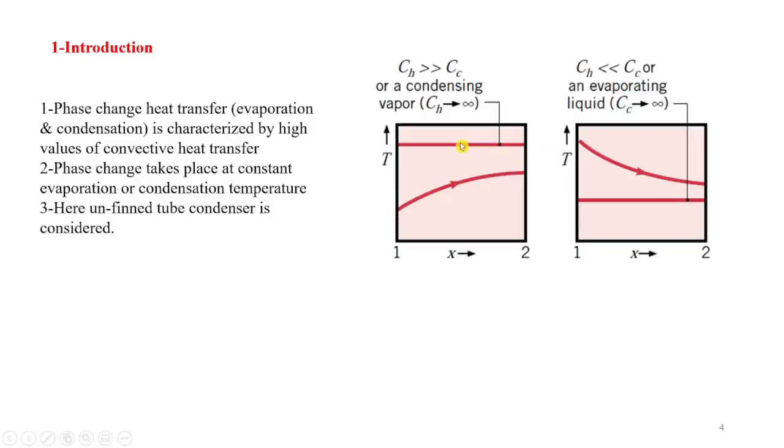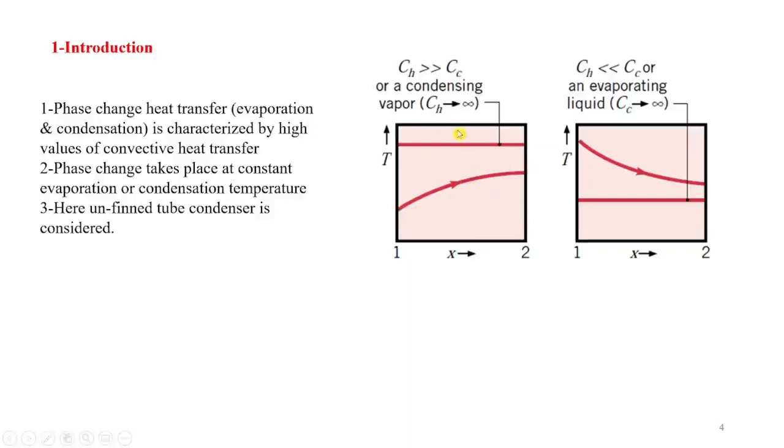Since the condensation takes place at a constant temperature and the specific heat is defined as partial H by partial T at constant pressure, since the temperature is constant, the specific heat goes to infinity, a very high value. So C minimum is this value for this fluid, which is the product of the mass flow rate times the specific heat.